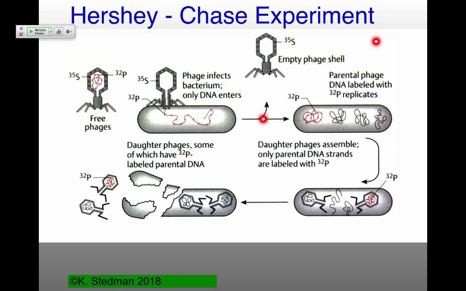You look at what's left in the cells after you've removed these virus particles. You see that there's no S35 associated with the cells. It's all associated with the virus particles. If you look at P32, you notice that it gets transferred. The P32 is because we've got all of our phosphorus in our DNA. The phosphorus in the DNA, again, gets transferred. That's your genetic material. The S35 does not.